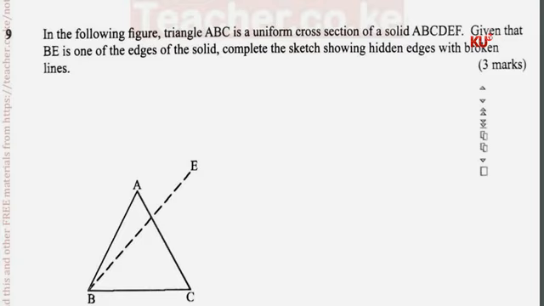pair of compasses to point C, and here at point C, you make an arc at this side. You make an arc such that this distance and this one here should be equal.